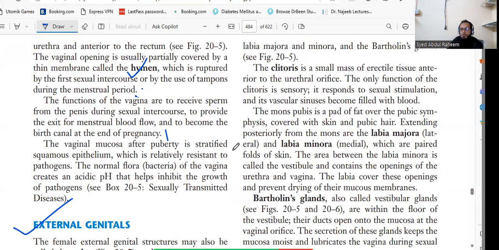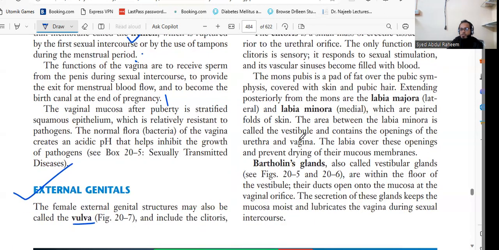The mons pubis is a pad of fat over the pubic symphysis covered with skin and pubic hair, extending posterior from the mons are the labia majora and labia minora, which are paired folds of skin. The area between the labia minora is called the vestibule and contains the openings of the urethra and vagina. The labia cover this opening and prevent drying of the mucous membranes.